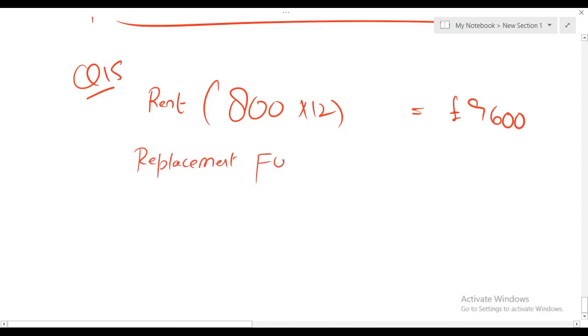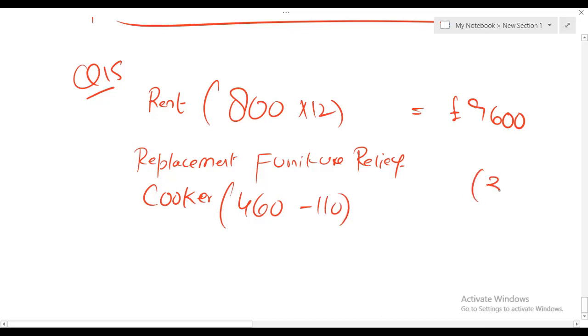Replacement furniture relief in case of cooker, 460 minus 110, I'm getting 350. Washing machine, it is 360.